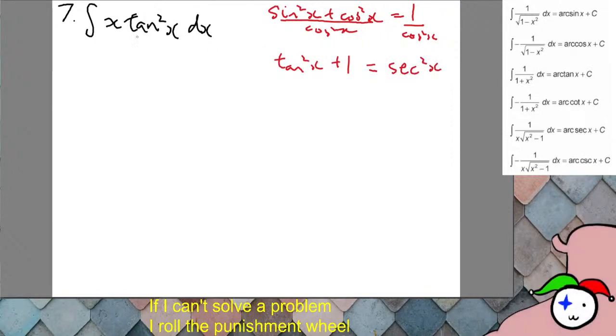So I'm thinking we can do that here, maybe, but then what would that give us? That would be secant squared x minus 1. So we have an x on one side, but then we also have, I guess, x times secant squared x. Does that really help?